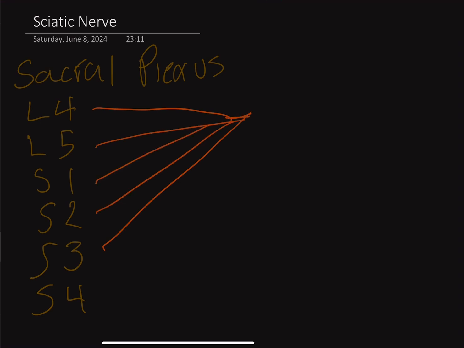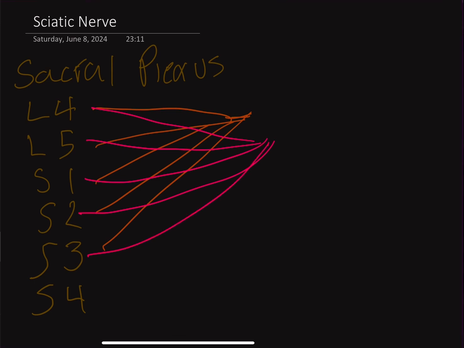The sciatic nerve runs from L4 to S3, and it's made of two branches. Those two branches create the sciatic nerve.